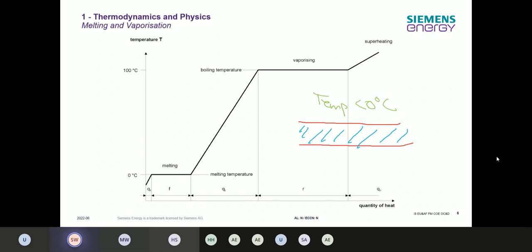So what's happening? Our water inside here will start freezing from the outside. The volume will increase, and then our piping in most cases cannot handle the amount of volume, and then the piping will burst or open up. So we will have a leakage over here, and this, of course, we want to avoid.